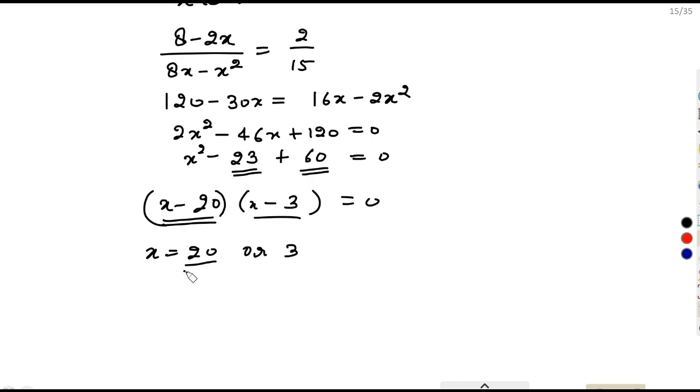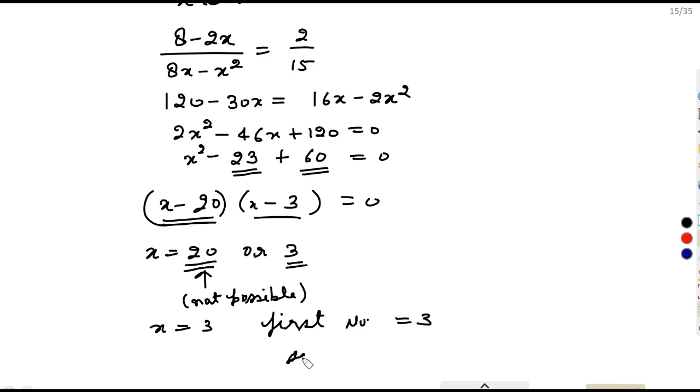Means first number is 20 or 3. X is equal to 20 is not possible because sum of numbers is 8. It means x is equal to 3, our answer. First number is 3. Second number will be 8 minus 3, 5.